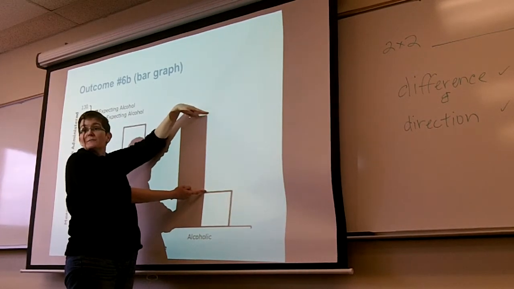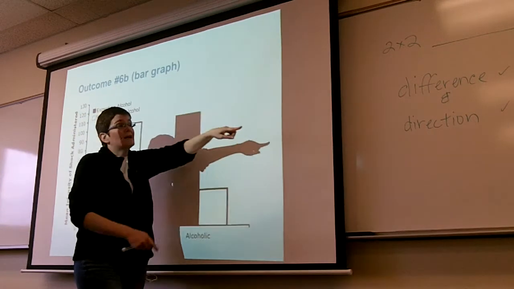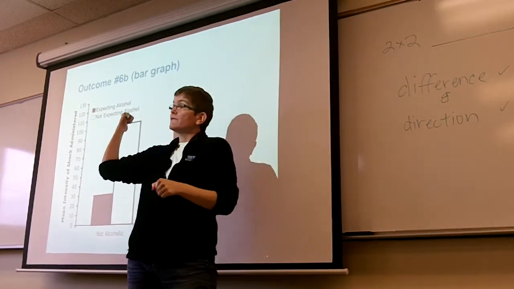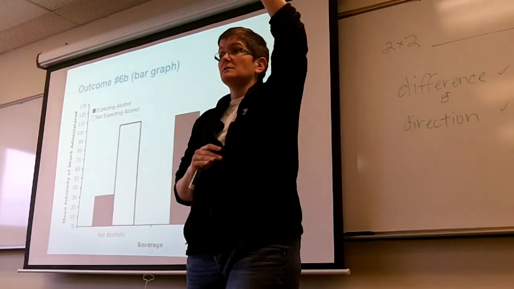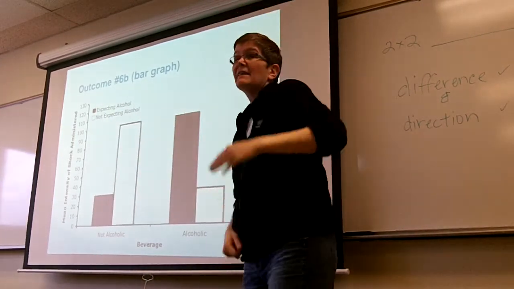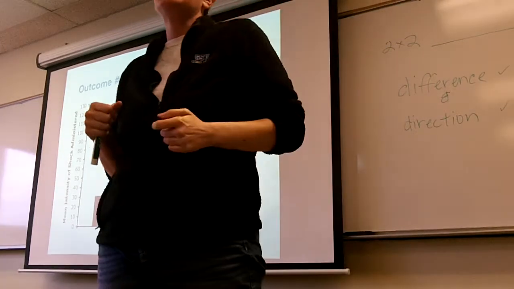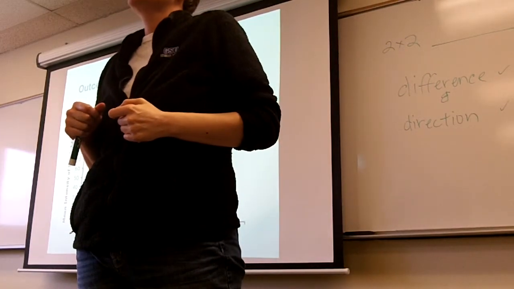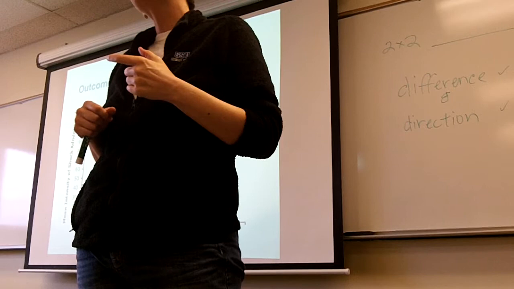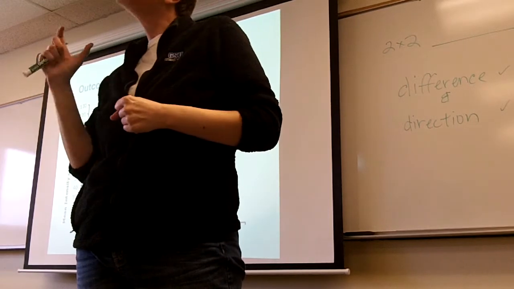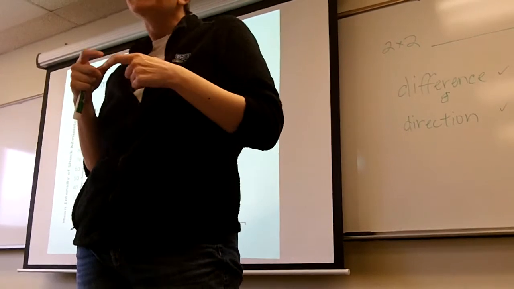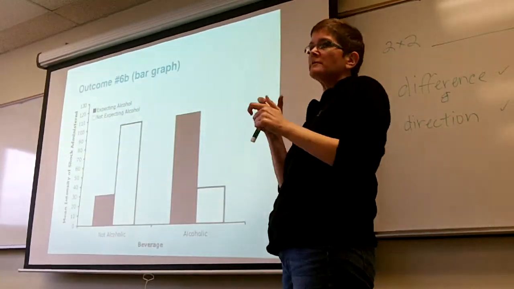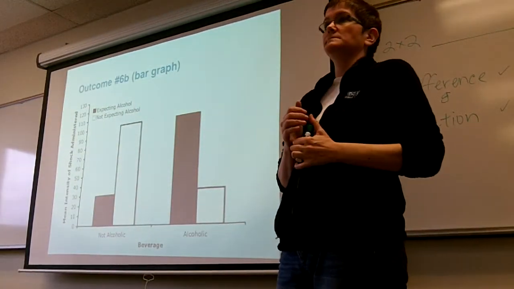Now it's white shorter than black. So last time, when I showed you the first interaction, the difference varied, but the direction was the same. In this one, the difference is the same, but the direction has switched. So if they don't match in difference, or they don't match in direction, or both, you've got an interaction.